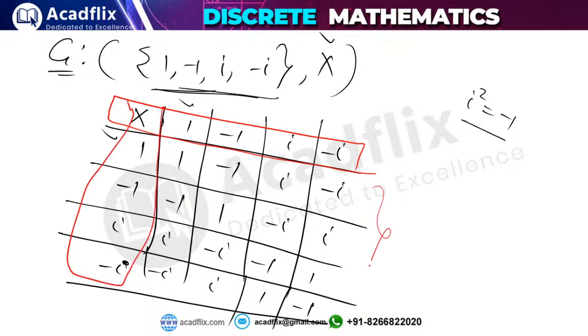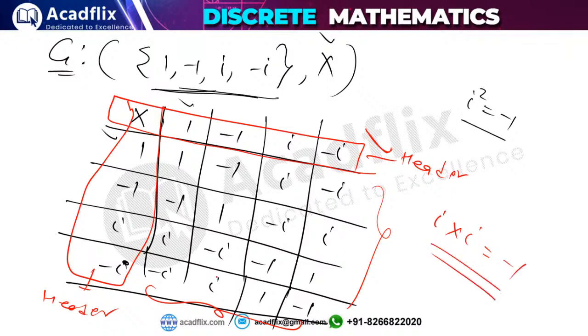The main important part is the inside, and this will tell you the behavior. For example, from this Cayley table you can very easily find what iota multiplied by iota is: it is equal to minus 1. So this is how we use a Cayley table.